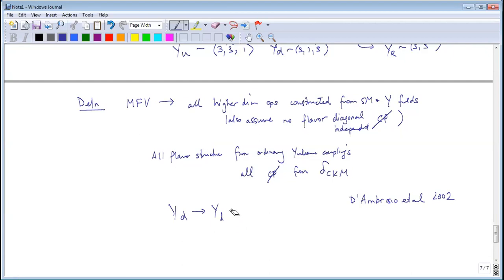And the up-type ones we can then write as V dagger, YU diagonal, where this is our old friend, the CKM. So what that means is that if we're in a diagonal down quark basis, all the flavor mixing is really showing up in effects where we put in the up-type object.